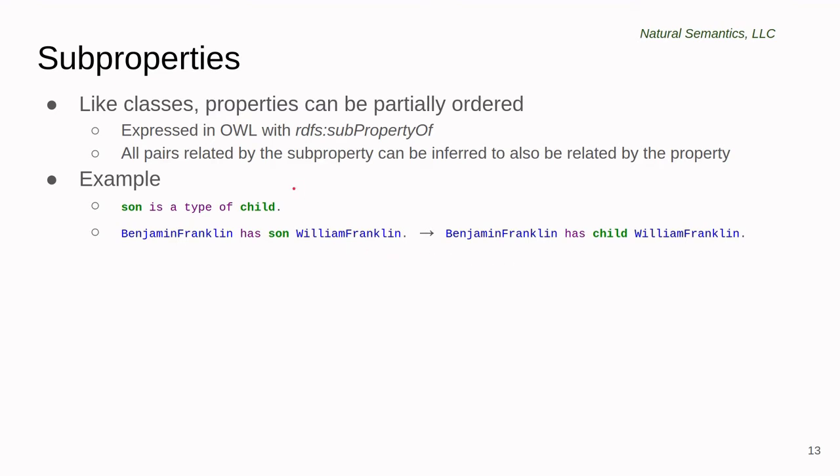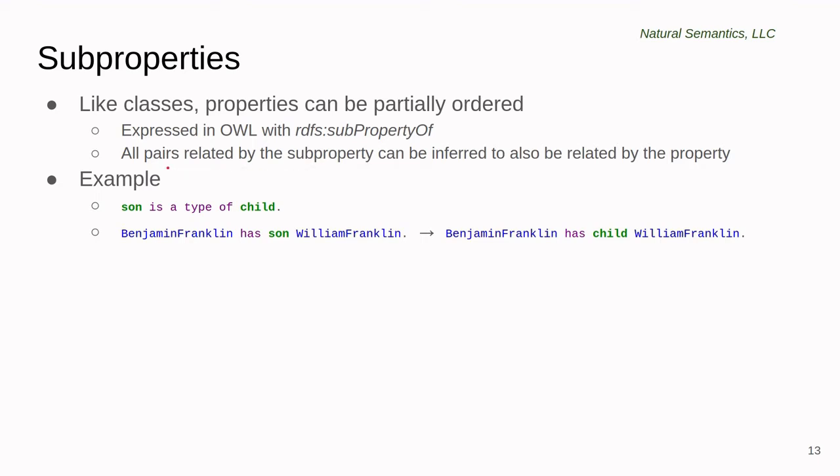Subproperties. Just like classes, properties can be partially ordered into a hierarchy. This is expressed in OWL with the RDFS subPropertyOf relationship. And what it means is that all pairs related by the subproperty can be inferred to also be related by the superproperty.